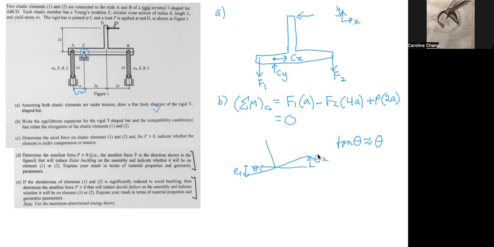And thus we have our elongation equation as E1 over this distance over here, which is going to be A, as we found earlier, E1 over A is equal to E2 over this distance over here, which as we found earlier is 4A. These two ratios are equal.